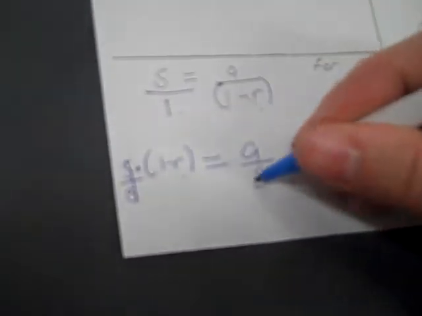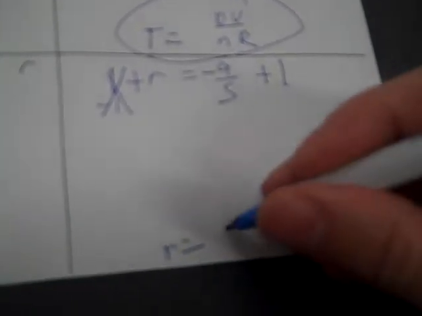Now we want to get rid of the parentheses, but we can't distribute, because I have two variables in the distribution. So I'm going to divide each side by the factor of s, and then the parentheses goes away. So we get 1 minus r equals a over s. Now normally there's a part in time where I circle my multiplication operation, but I don't have it.